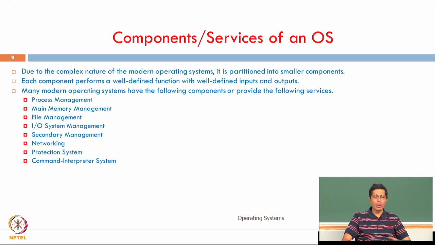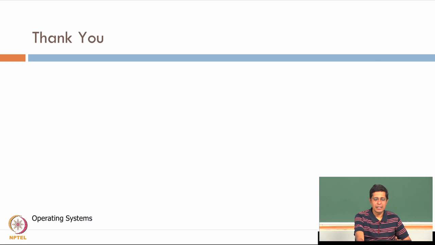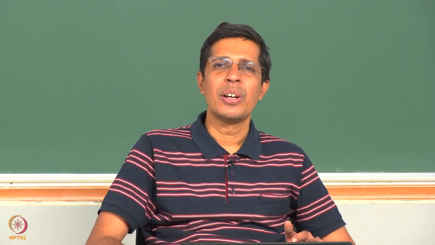Many modern operating systems have 8 management modules, namely process management, main memory management, file management, IO system management, secondary storage management, networking, protection system, and command interpreter system. These are the different components of an operating system, and we will see them in better detail in the next module. Thank you.